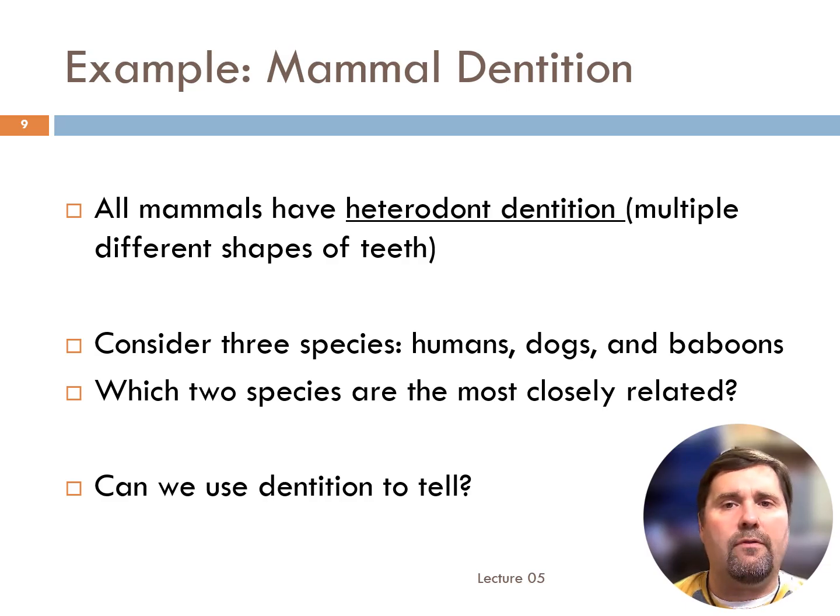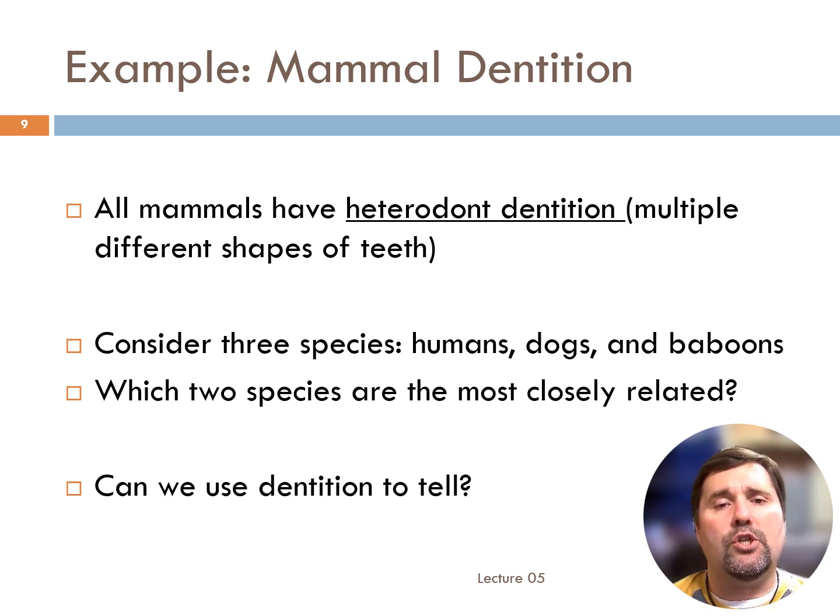Saying that humans have 4 kinds of teeth, incisors, canines, premolars, and molars, doesn't tell us much of anything about our evolutionary relationships with dogs or baboons. Since they both also have heterodont dentition, we can say that we're related at some level, but not really which.